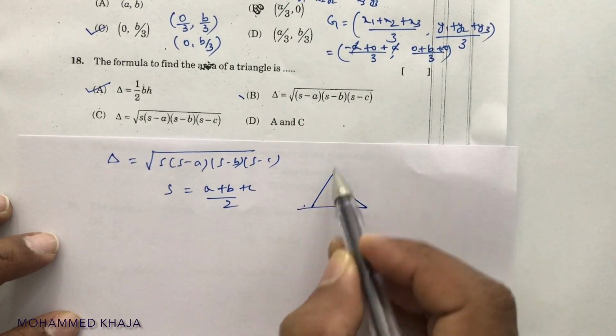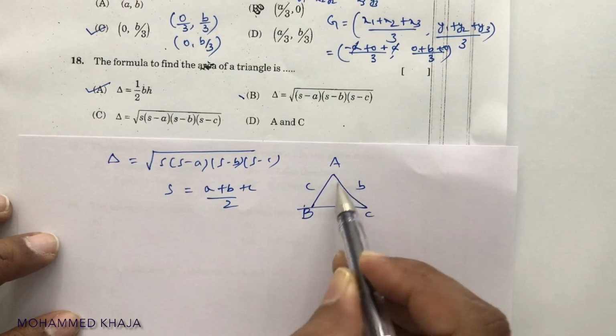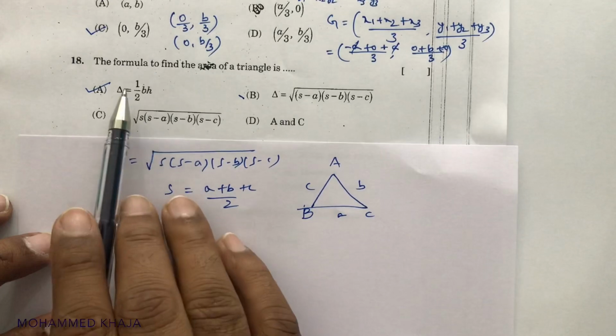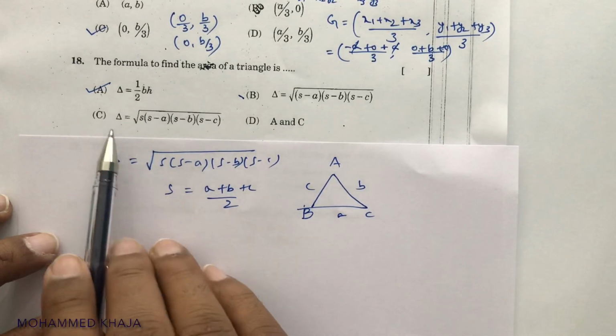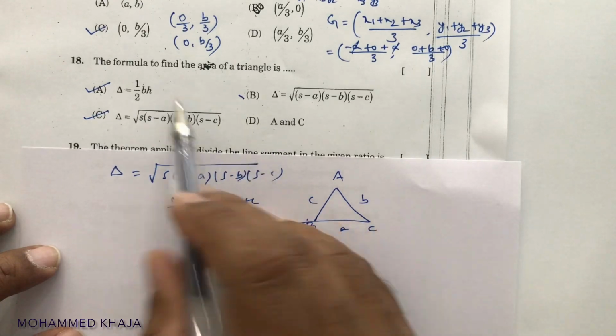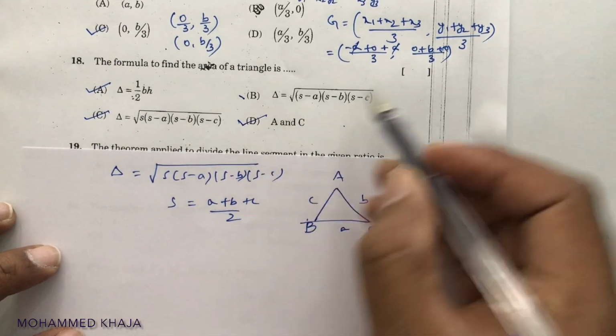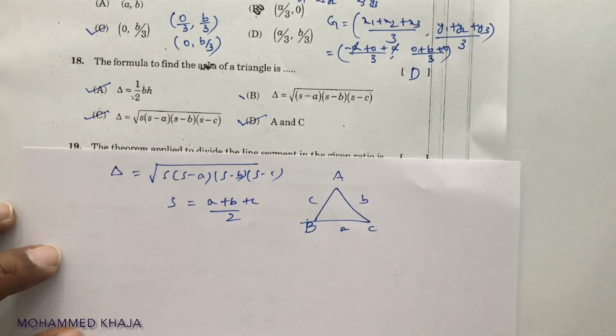If three sides are different, then we'll use Heron's formula. So area of a triangle, this is the correct formula, and C is also a correct formula. So we should be very careful. You should not write only A, you should not write only C, you should write both. Correct option is D, both A and C.